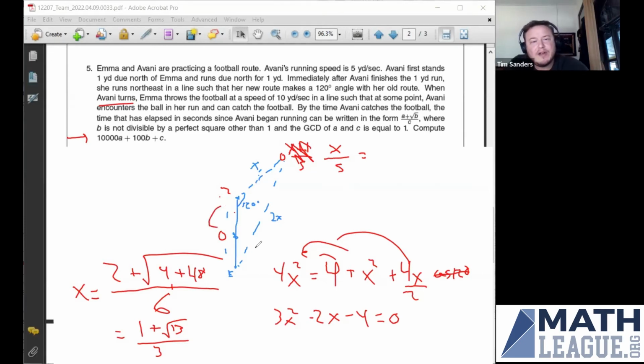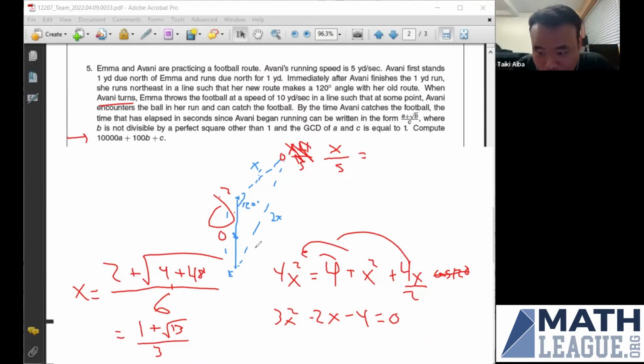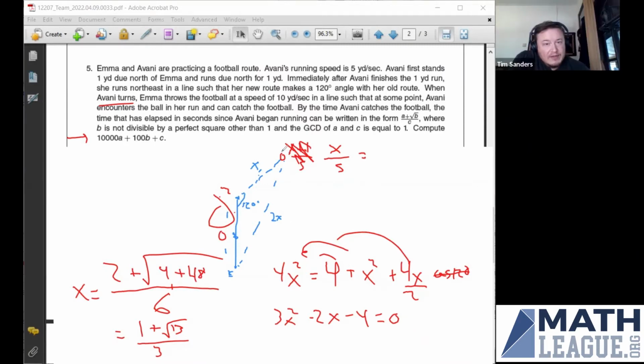That's where this 1 comes in. So it wasn't a red herring after all. It's a trap is what it is. Okay, so we know what x is, and the time is x over 5 plus 1.